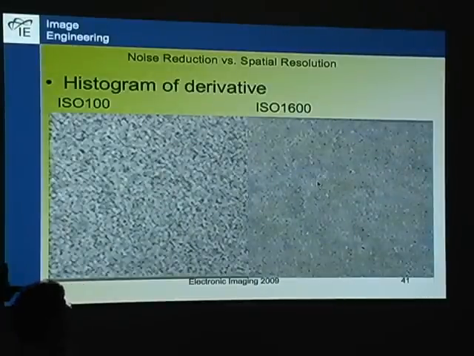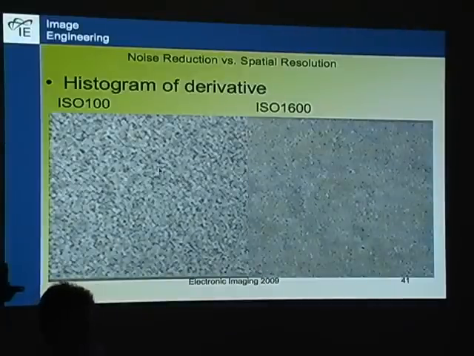So that's why we looked at another way, and that's about the same approach. So we looked at the digital code values in here and in here, and we basically used the derivative of that image in order to get rid of exposure differences, etc.